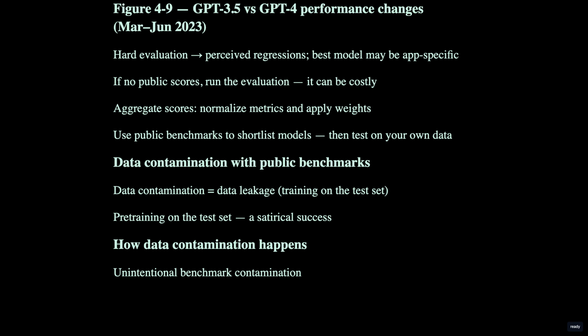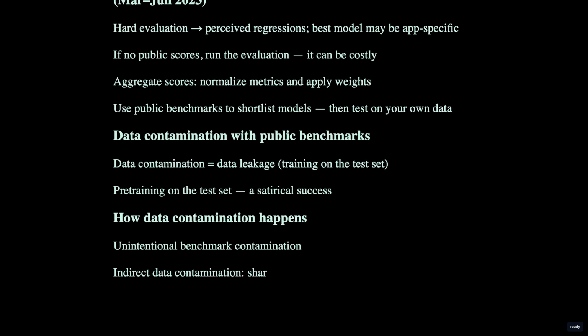Some parties may also intentionally add benchmark data, but the dominant problem is accidental inclusion through scraping. When training and evaluation data come from the same source, you can get indirect data contamination. For example, training on math textbooks and then evaluating with benchmark questions taken from those same textbooks can make a model appear stronger than it really is on novel problems.